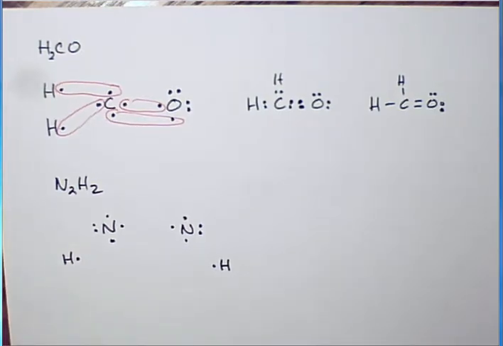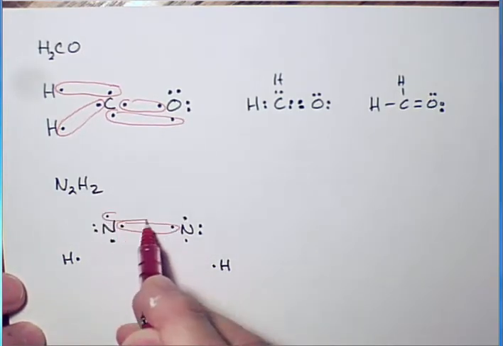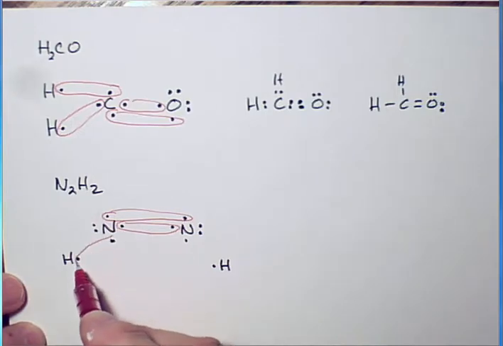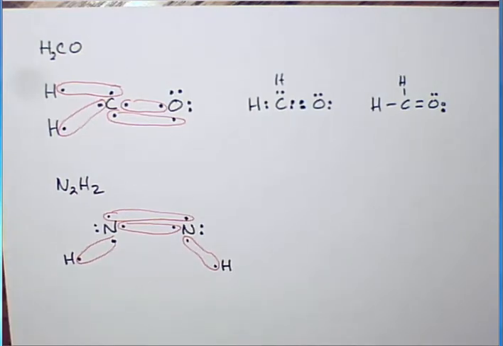And you combine those in a way that gives the nitrogens 8 electrons and the hydrogens 2. Yes, you can. You have to do it like a puzzle. Try it one way. If it doesn't work, try it again.